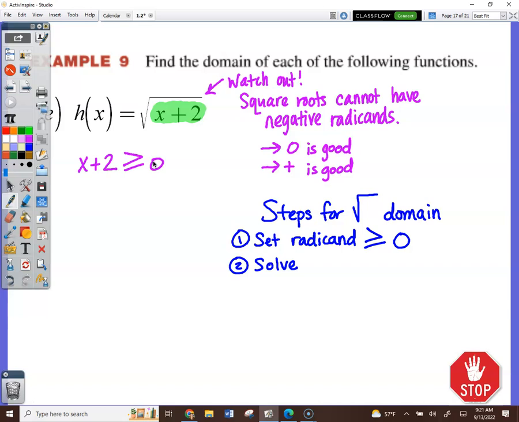You're saying, hey, it's got to be to the right or at 0. Can't go negative. So solve it. Subtract 2. So x has to stay greater than or equal to -2. Draw your little number line if you need to. Probably don't need to now that it's an actual inequality.